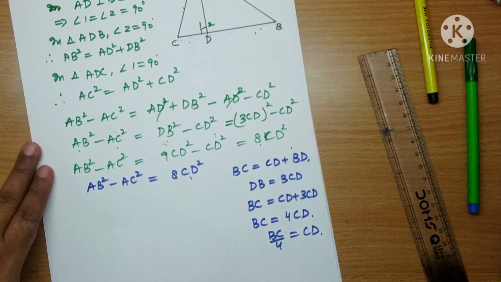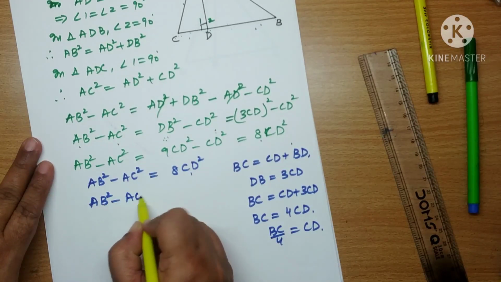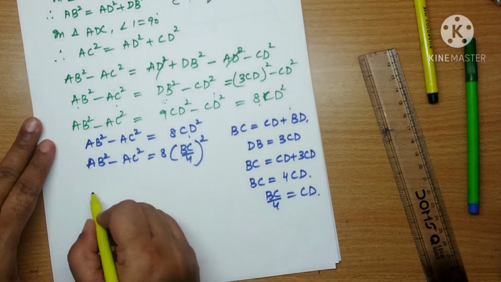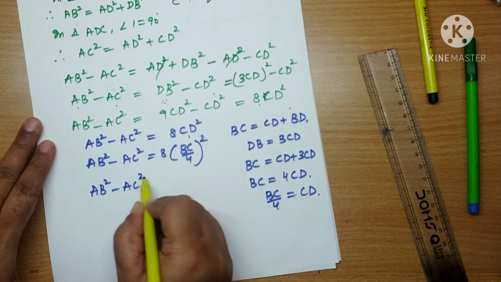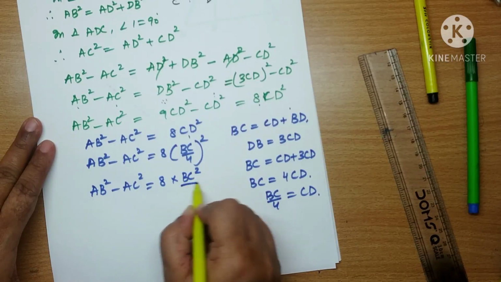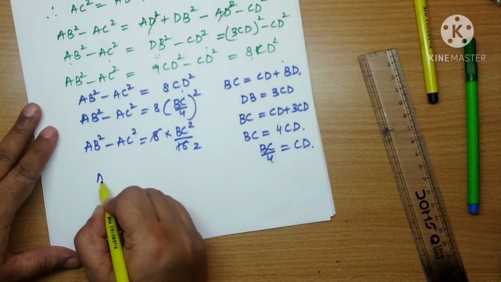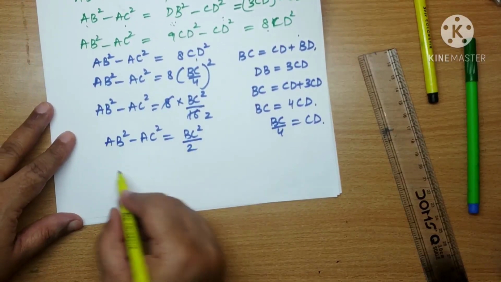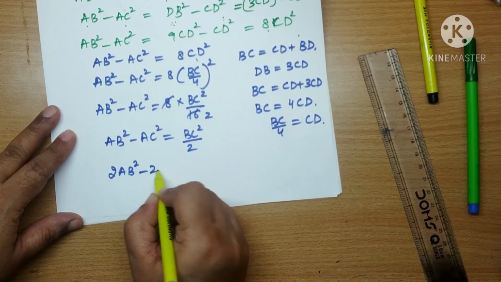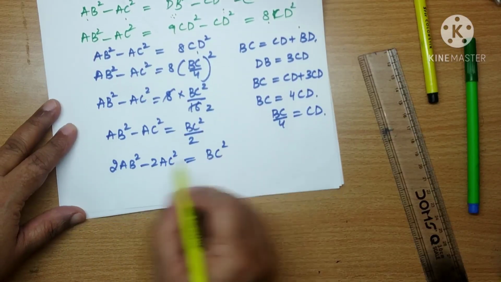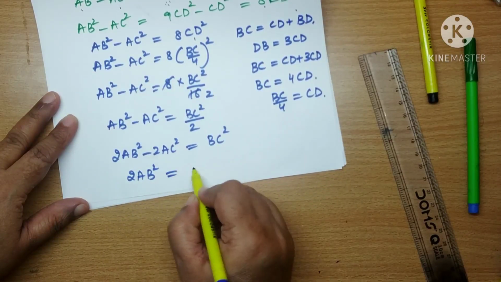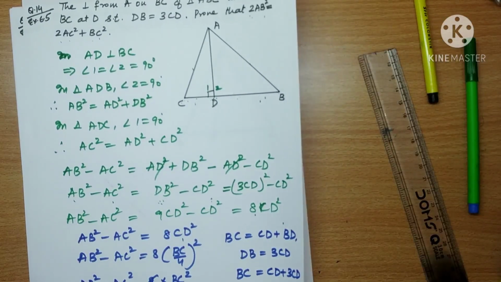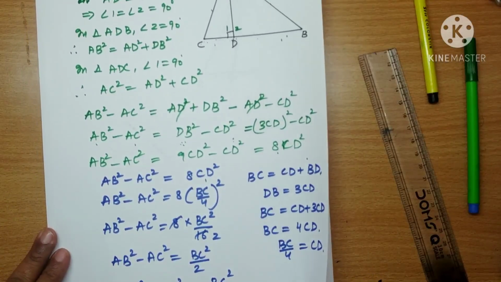So can we replace it here? AB square minus AC square is 8 into BC square by 16, which is this. So I get AB square minus AC square is BC square by 2. Multiply by 2: 2AB square minus 2AC square is BC square. So 2AB square is equal to 2AC square plus BC square. So this is what we get: 2AB square is 2AC square plus BC square.